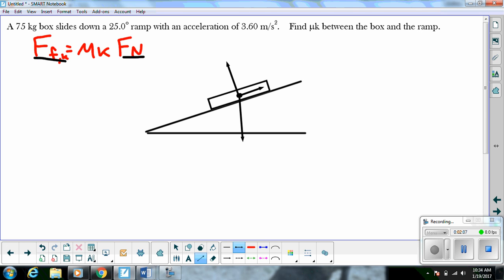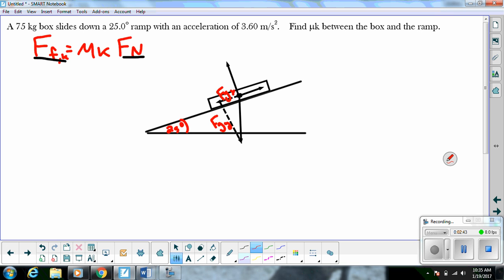And now the secret for this is that since my box is at a 25-degree angle, I know that this gravitational component can be resolved into its x component and its y component. I'm going to call this FGY and this FGX.